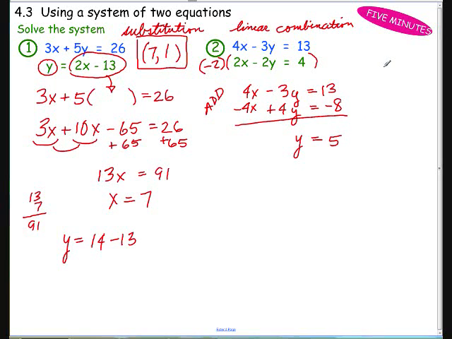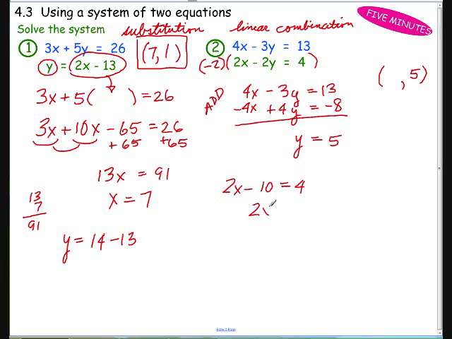So now I know that my y is 5, and I'll use one of these to figure out what my x is. I think I'll use that second equation. 2x minus 2 times y, in this case it's 5, so minus 10 equals 4.